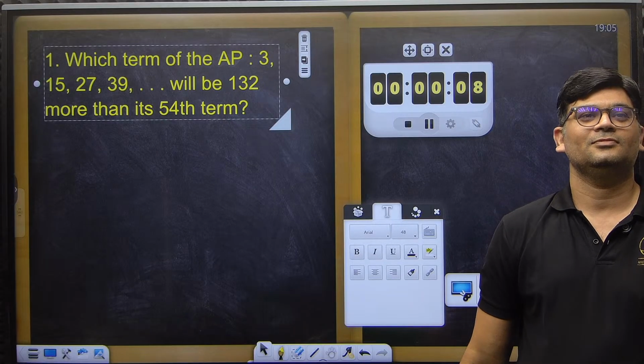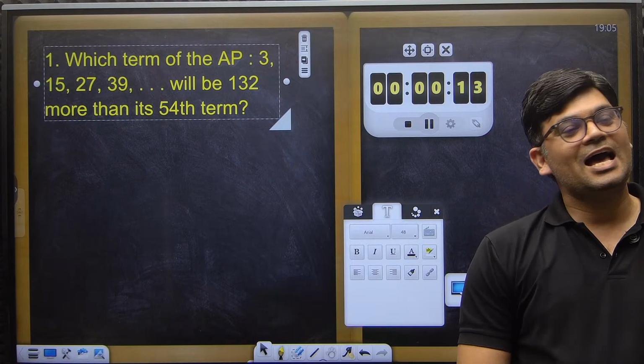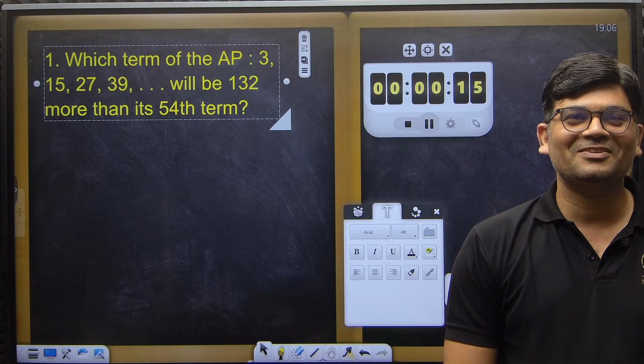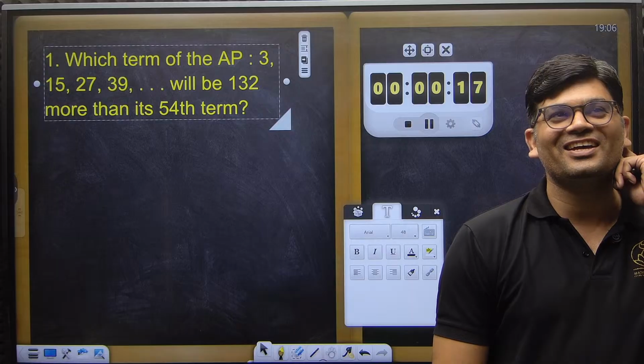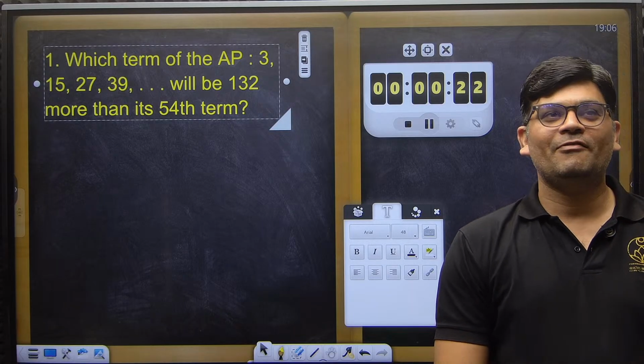ये अब सर लक्ष्मी क्लास कब तक खत्म होगी सर? क्लास बेटा अब चलती रहेगी. अब बताओ मुझे कब खत्म करना है. जाना है तुमको कहीं? Okay, so let's end the class now. Everybody can leave it.